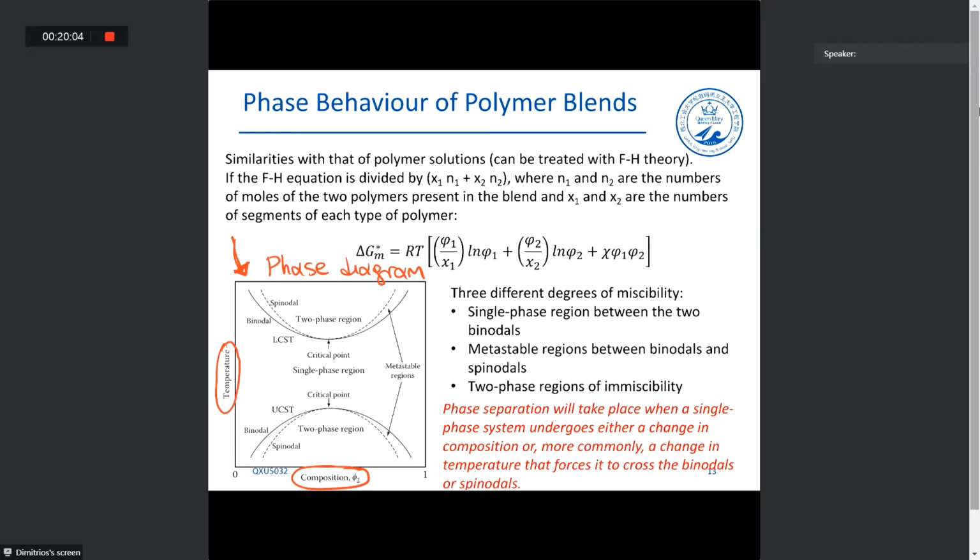So we know that we have the curves that separate the single phase from the two-phase composition, named binodals, and the curves that separate the unstable region from the metastable region, called spinodals.